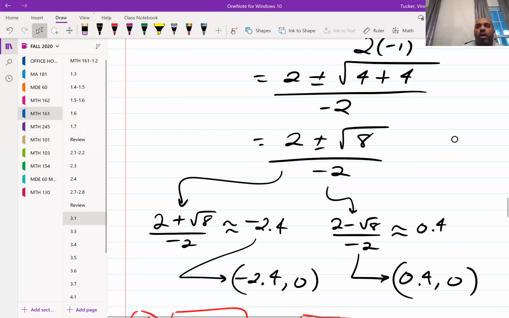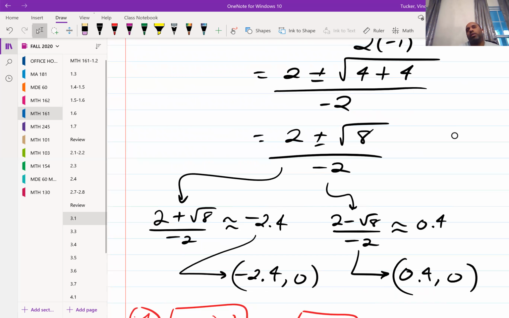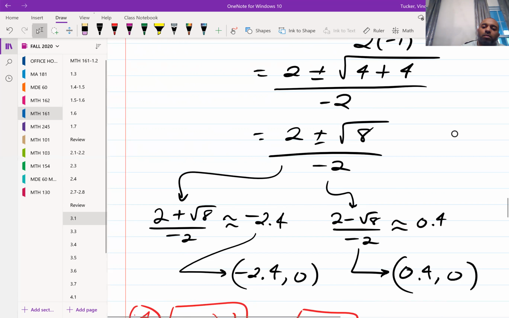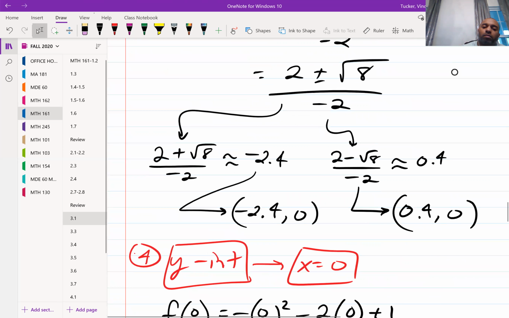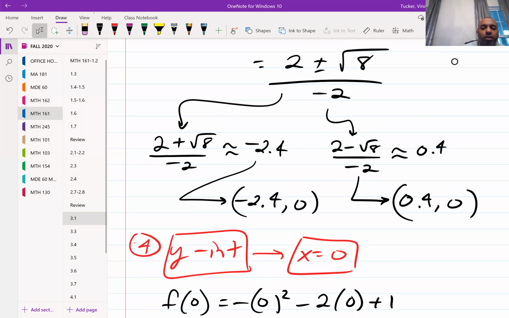So those are our X-intercepts. I just went ahead and converted those to decimals just because we want to be able to graph it.